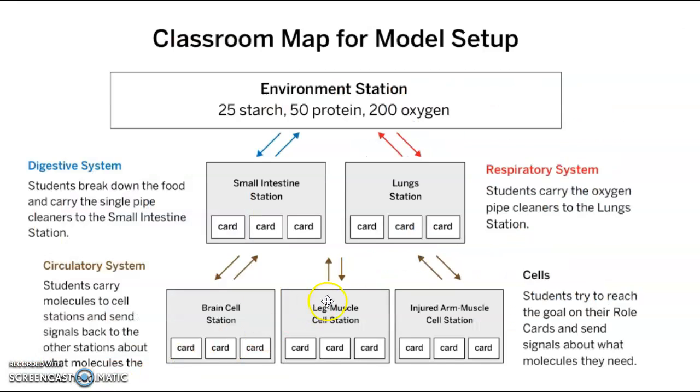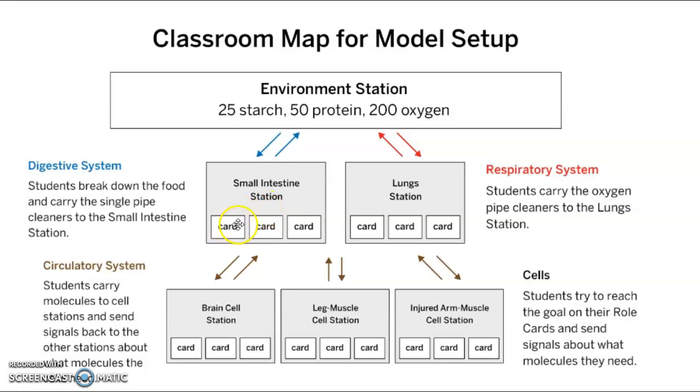So here's how the classroom is going to be set up. We're going to have a table at the front that's going to have starch, protein, and oxygen, which starch and protein, remember, those are the larger molecules that you'll have to break down. And then the digestive system is going to break down the food and carry single pipe cleaners to the small intestines. So the digestive system is represented by these blue arrows. So the people that are digesting food will break it down and bring it to the small intestine station.